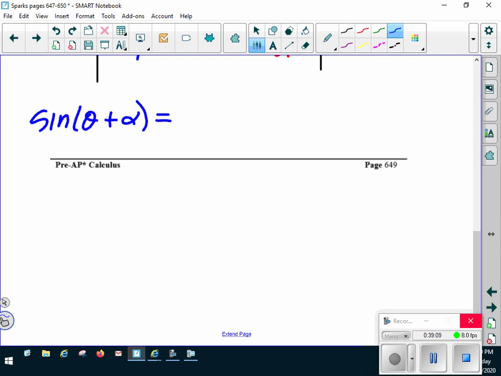The sine of a sum is sine of the first, cosine of the second, plus (the plus or minus stays the same) cosine of the first, sine of the second. And we're going to pick those values right off the two triangles.